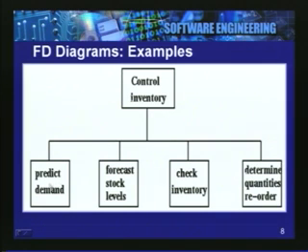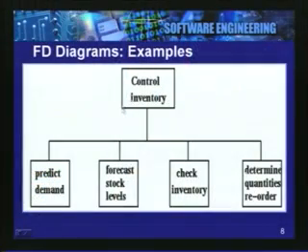The first of them is predicting the demand. Then there is a sub process called forecast stock levels. Then the third sub process is check the inventory, and the next process is to determine what quantities to order. So, reordering, checking inventory, forecasting stock levels, predicting demand, these 4 sub activities make the overall activity of control inventory.